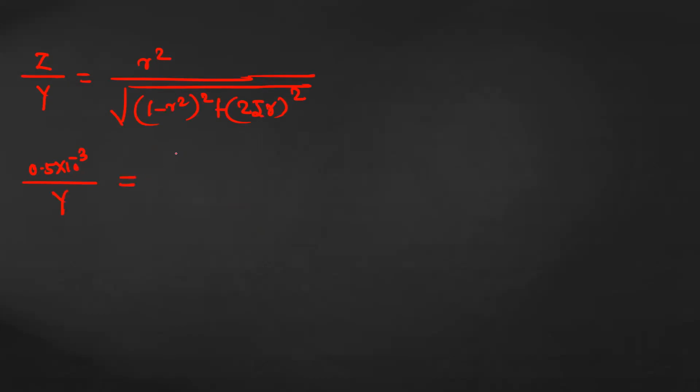Now the frequency ratio R is equal to omega upon omega n. Omega we have calculated as 104.71 and the natural frequency is given directly as 20. So this ratio omega upon omega n is 5.23.